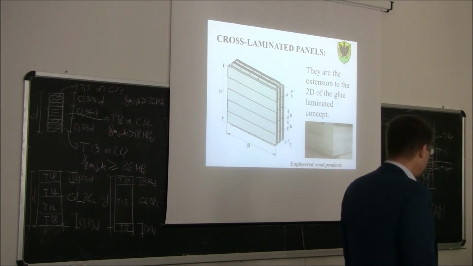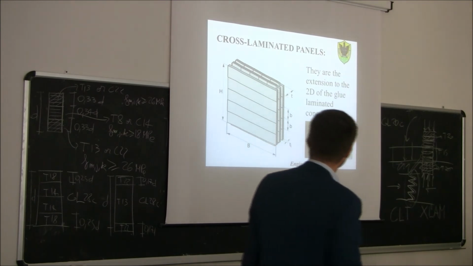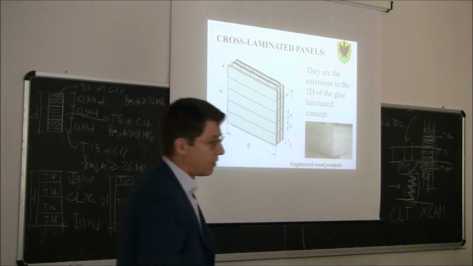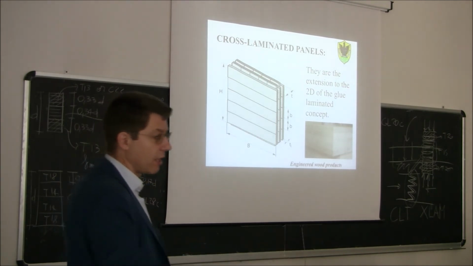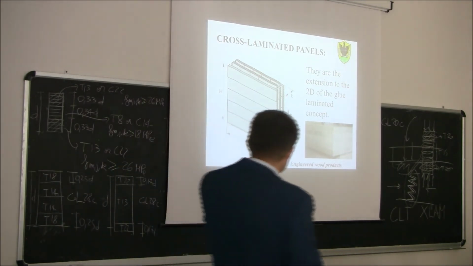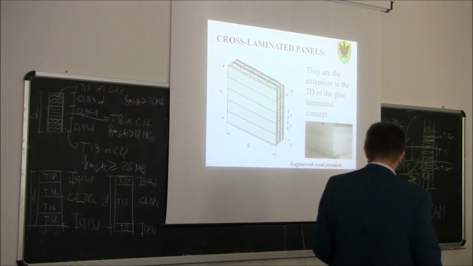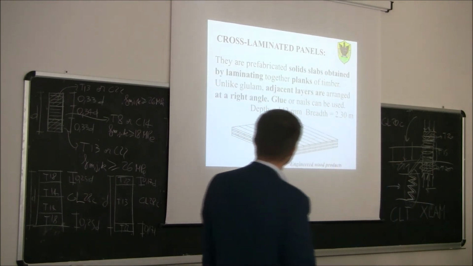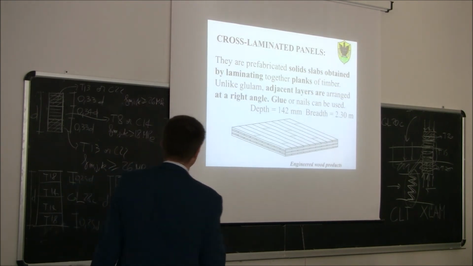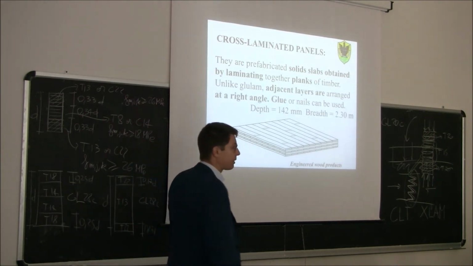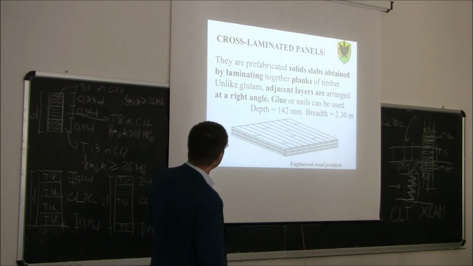Cross-laminated timber can be regarded as the extension of glue-laminated beams to two-dimensional structures. These are prefabricated solid slabs obtained by laminating together layers of timber. Unlike glulam, adjacent layers are arranged at a right angle, so the adjacent layer boards are glued at a right angle.